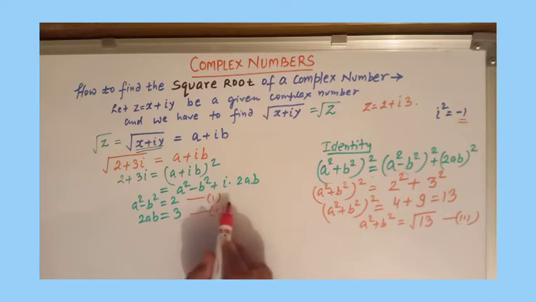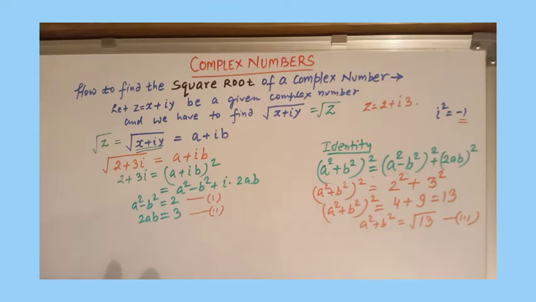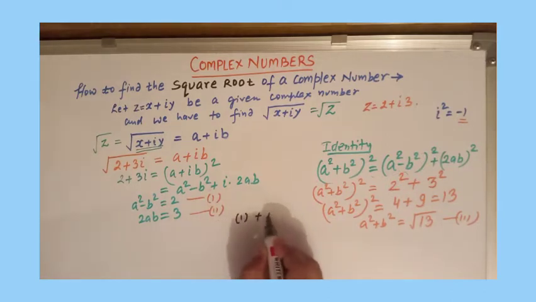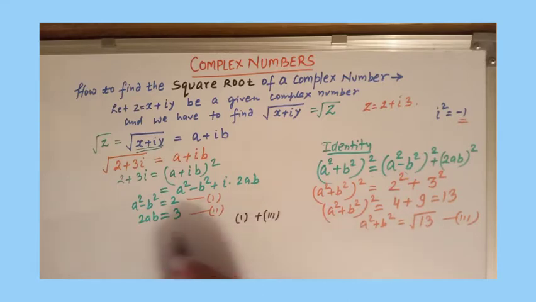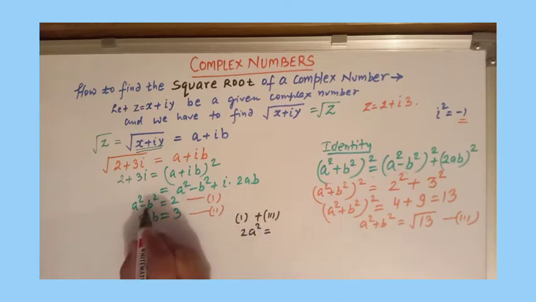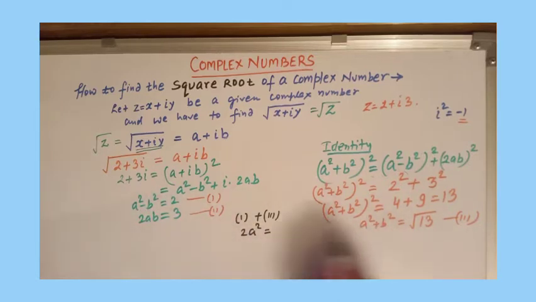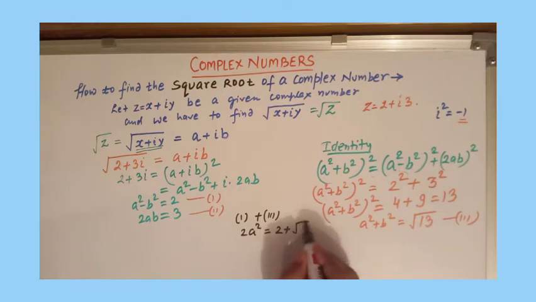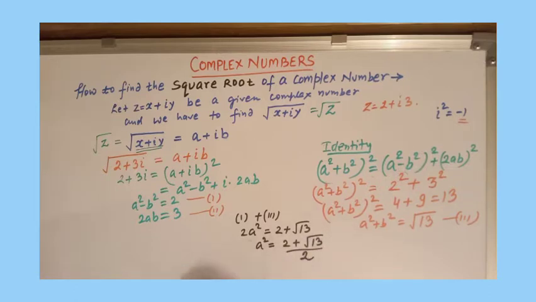Now we'll solve these two equations, that is equation 1 and equation 3. Clear? Now if we add 1 and 3, we get 2a square, because minus b square and b square get cancelled, so we have 2a square is equal to 2 plus square root of 13, and a square is equal to (2 plus square root of 13) divided by 2.